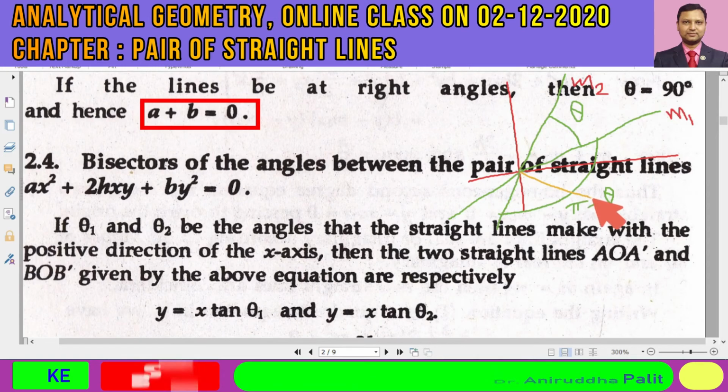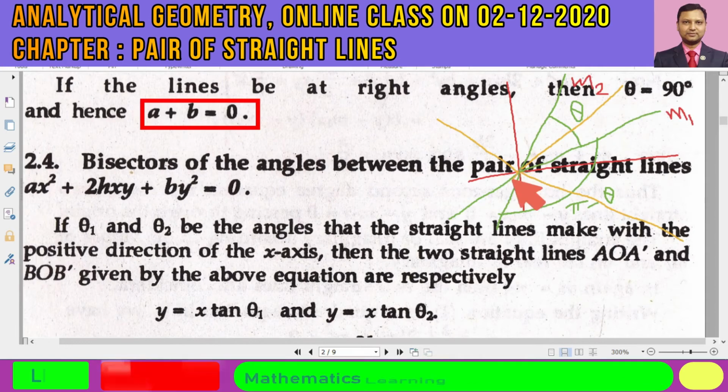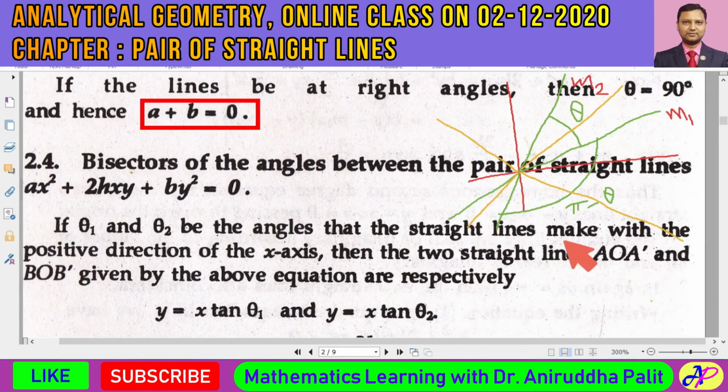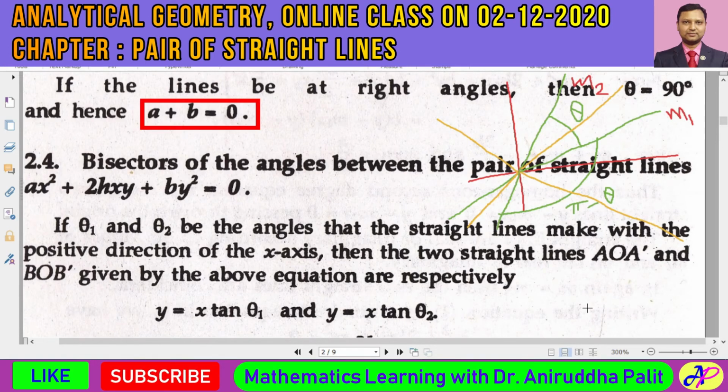One is this kind of straight line, and another would be this kind of straight line. So these are the two possible straight lines that would divide these two angles. One is the angle theta, another is the angle pi minus theta.